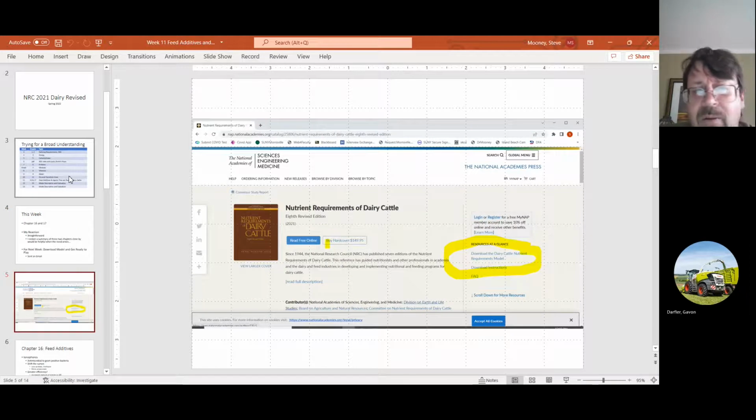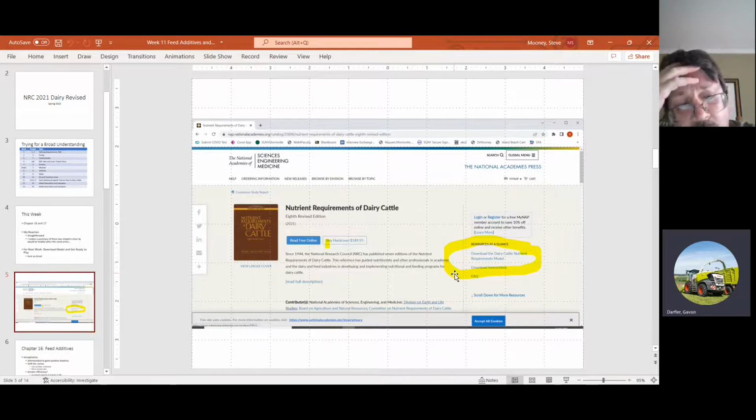I sent that email, so this is the page I sent you. And down here is where you download that nutritional model. Do you have this downloaded anywhere or not? No, but I can start it right now.